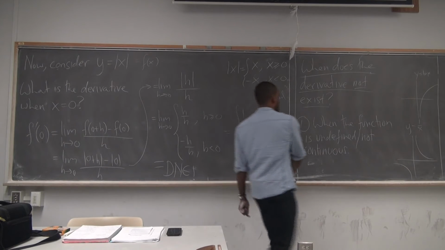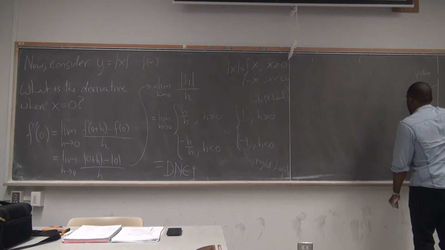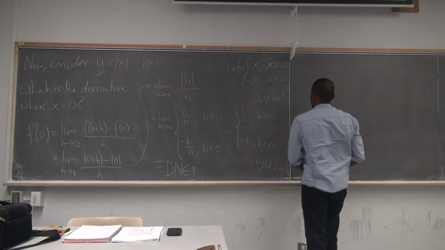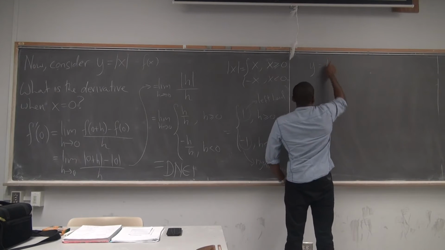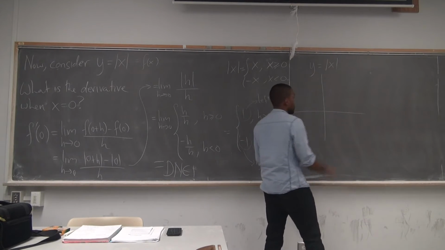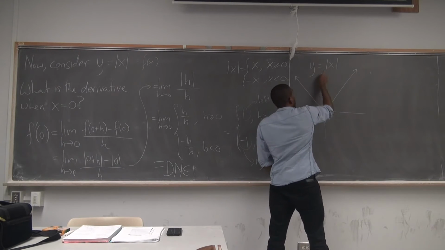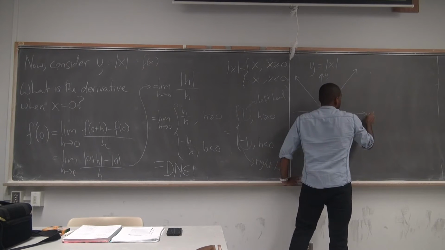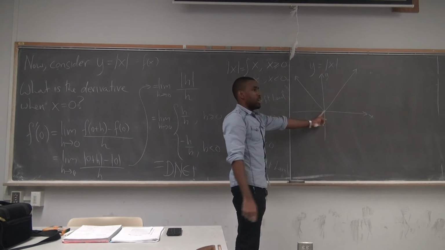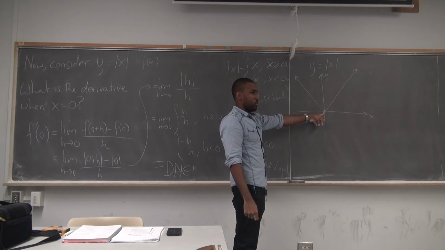Now let's talk about why it does not exist. That's kind of strange. Let's see what actually happened. What does the graph of absolute value of x look like? It's a V. Goes here, boom. Goes here, boom. Now at x equals 0, we have a sharp corner. Now if I ask you, can you draw a tangent line there? What would the tangent line be?